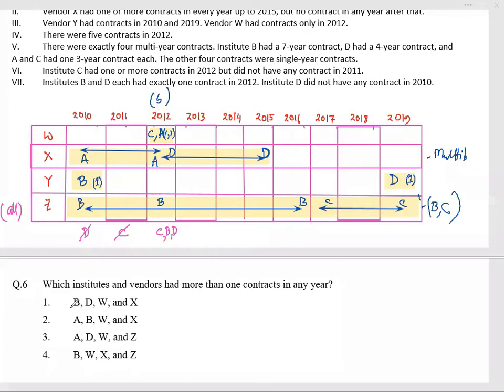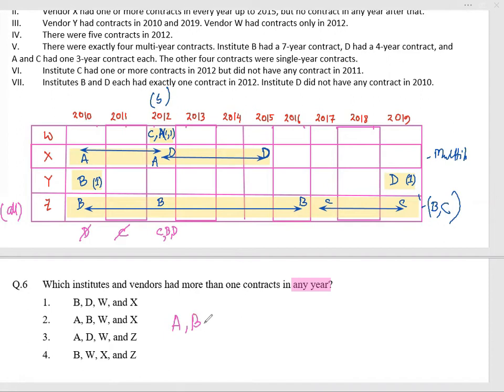Now the last question. Which institute and vendor had more than one contract in any year? Any year, institute: A, okay, I can see A here. More than one contract. B also has more than one contract. C doesn't have more than one contract. D doesn't have more than one contract.